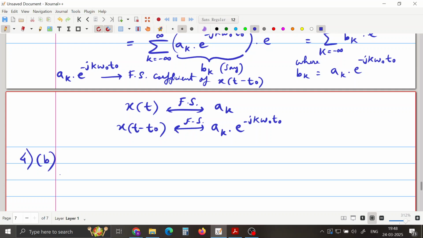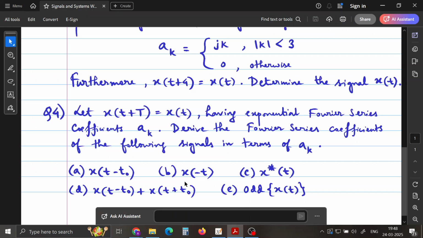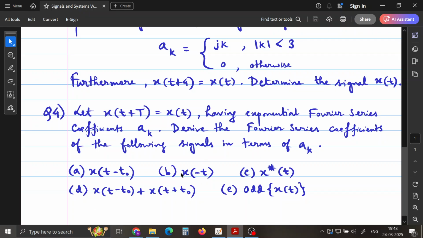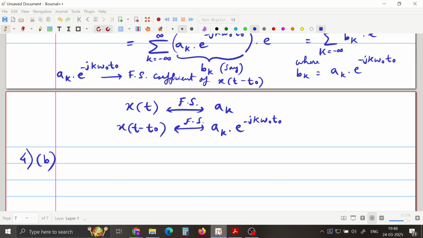Now moving to part b. In part b we have the time reversed form of your original signal, which is x of minus t. So what is x of minus t? Let's say x of t is something like this.